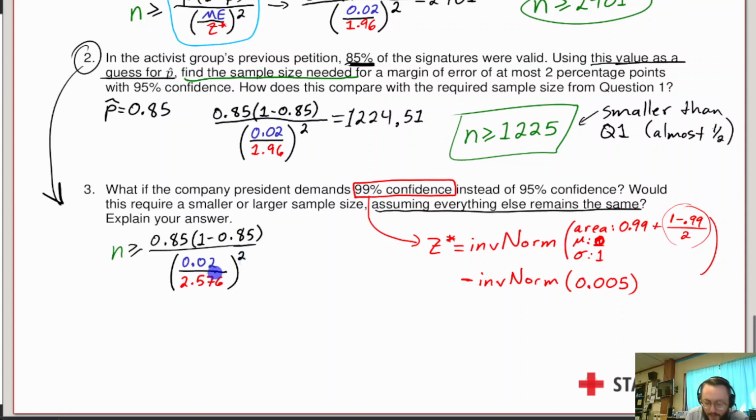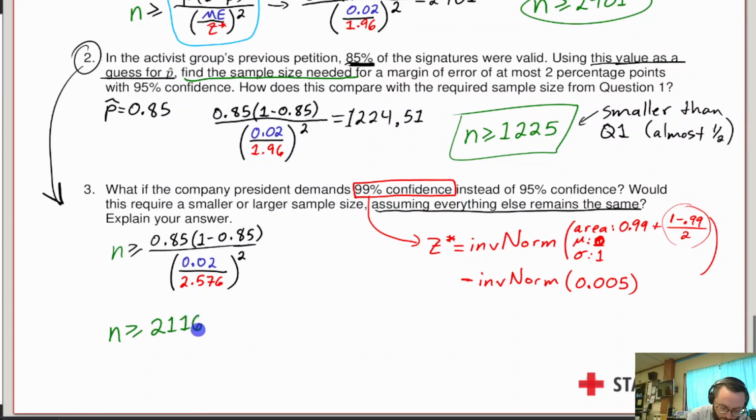Now we enter this into our calculator. We could just bring back what we had before, redo the entry, change the 2.576, and we get n has to be greater than or equal to 2,116.